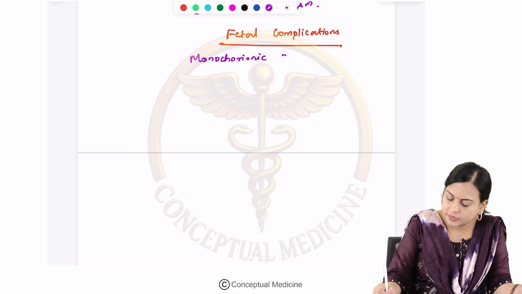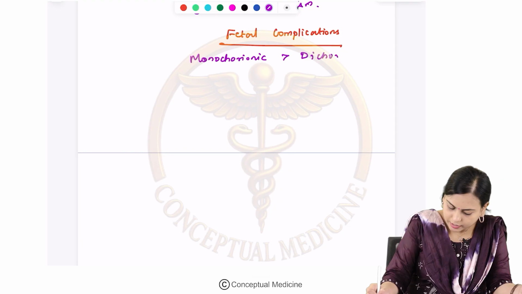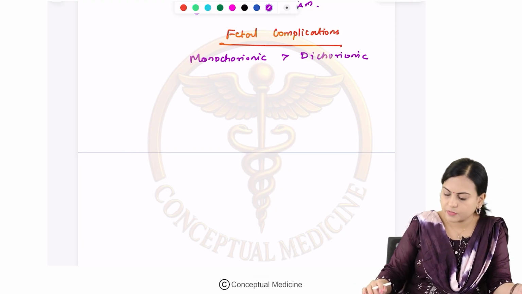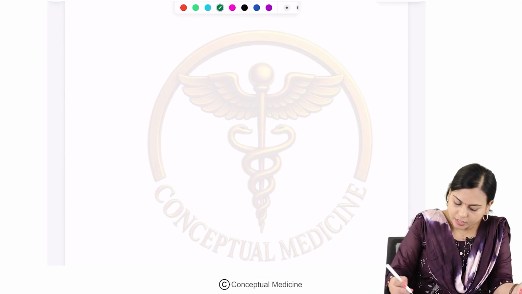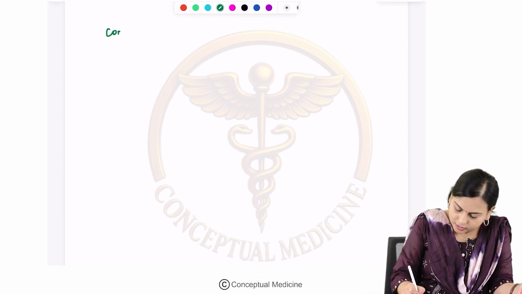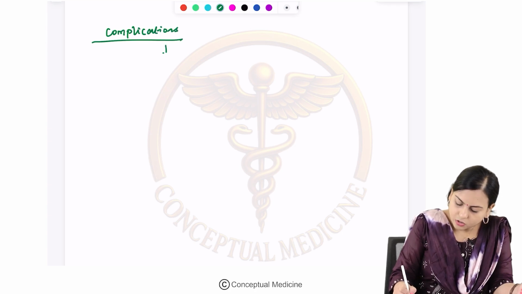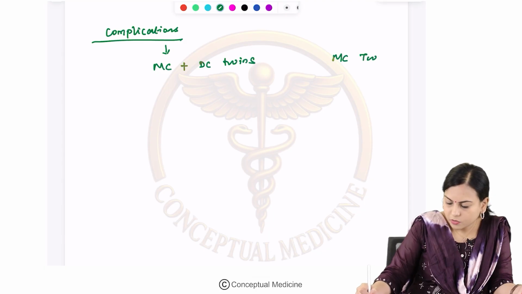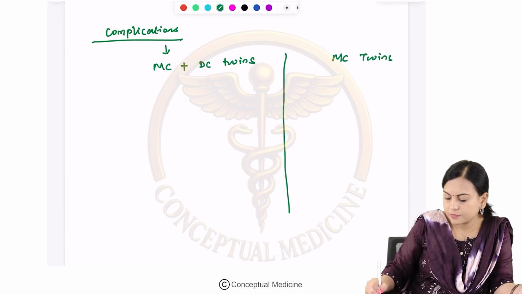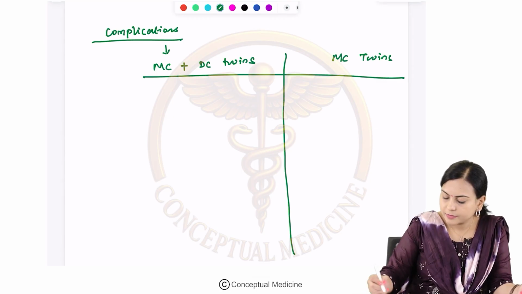Now, I will split these complications into those that are common to both monochorionic and dichorionic twins and those which are unique to monochorionic twins. Now let us see this.